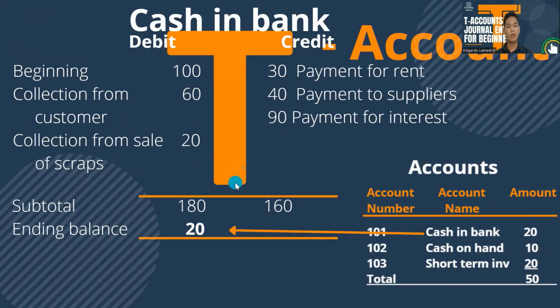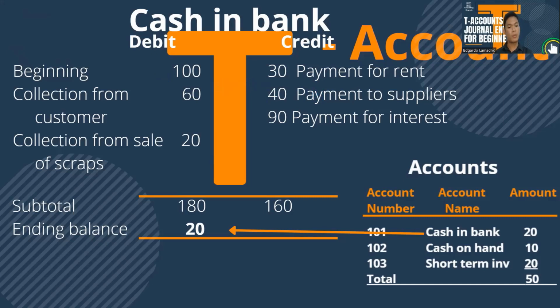For example, the cash in bank, which we are illustrating right now. The beginning balance of that cash is 100 currency units, but there is a collection from customer amounting to 60 currency units. And then there is a collection also from the sale of scraps. So now, the total of the account, the cash in bank, is 180 currency units. And also, there is a deduction of cash.